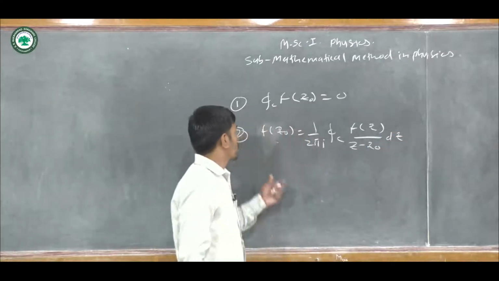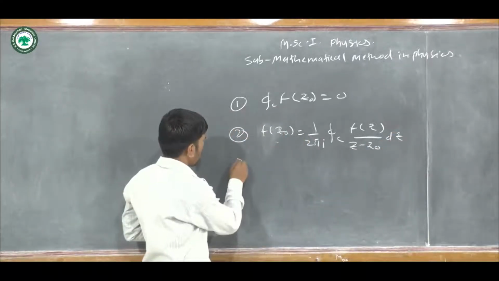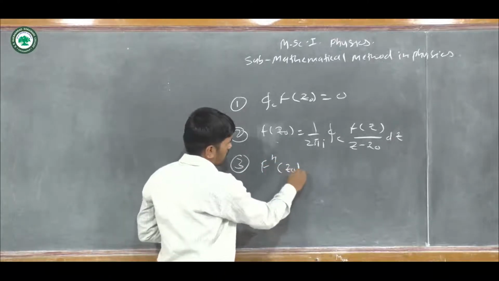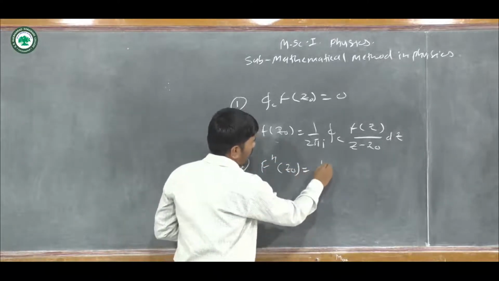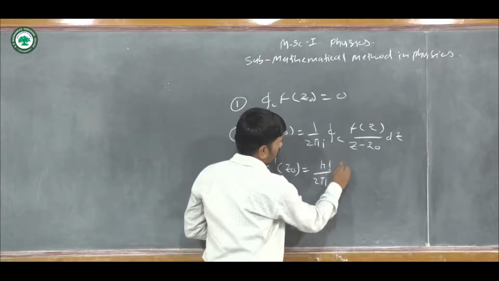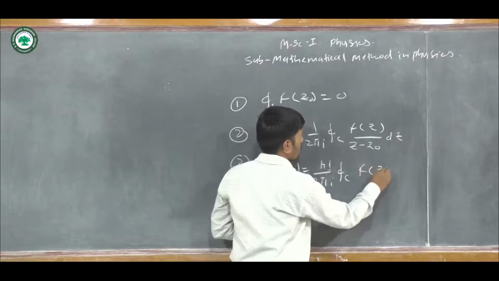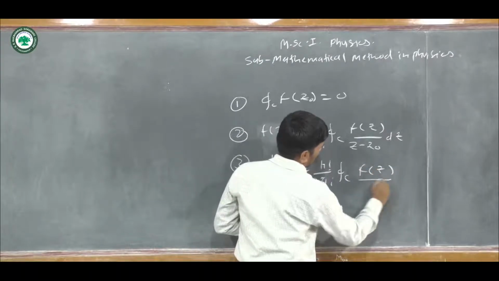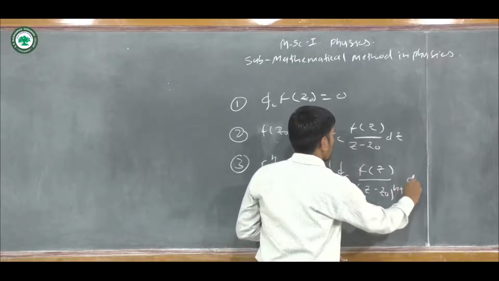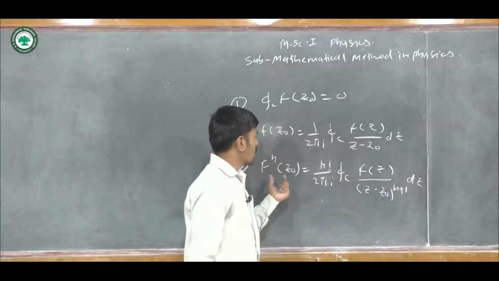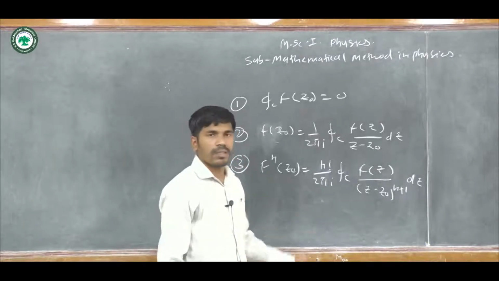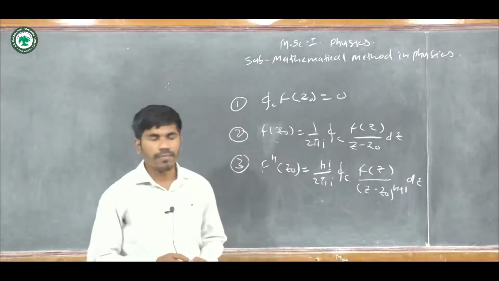This is the second, and the third one is f power n z naught is equal to n factorial divided by 2 pi i closed C f of z divided by (z minus z naught) power n plus 1 dz. These are some formulas and equations that we discussed in the last few classes.